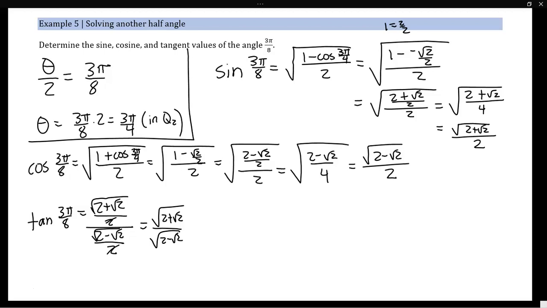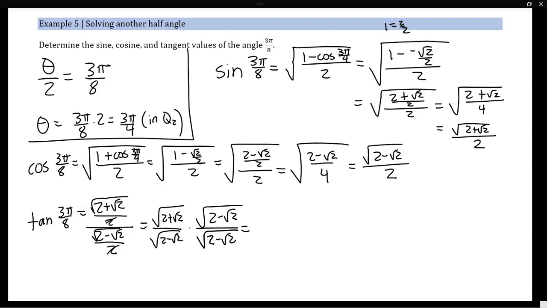So now that looks complicated because you'd have to technically rationalize the denominator. We're not going to go there. We could just multiply by, so you know what, actually, so we'll have the square root of 2 minus the square root of 2 times the square root of 2 minus the square root of 2.